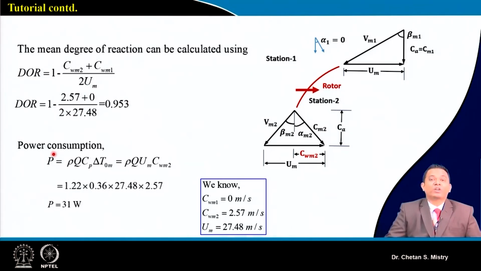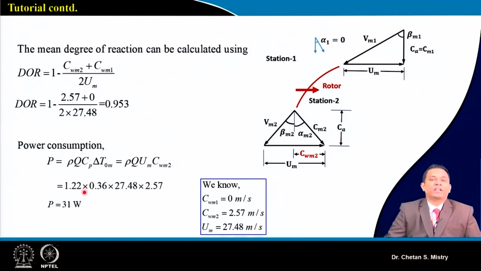Now the next calculation will be the consumption of power. We write it here in terms of m dot Cp delta T, where mass flow rate is written in terms of density into volumetric flow rate, and this is coming 31 watt.